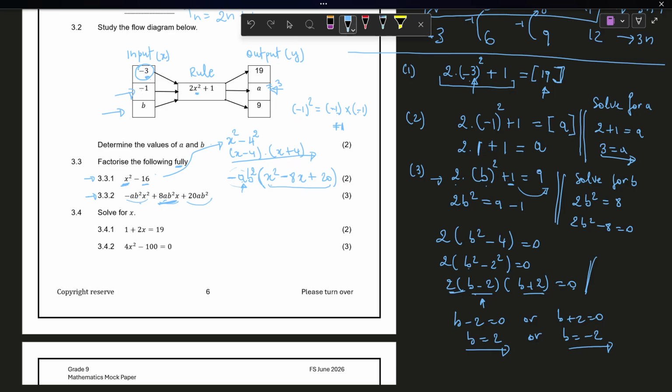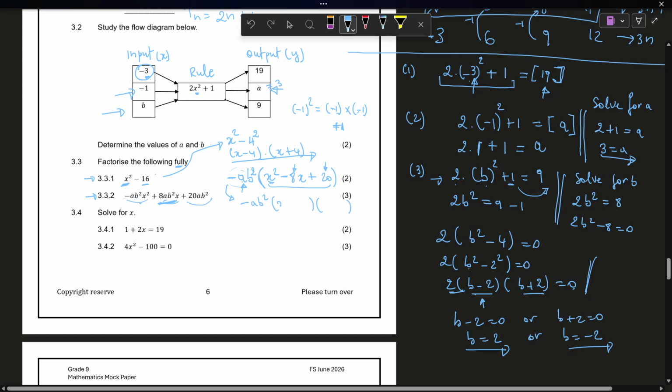Because when you've got a trinomial, you need to see if the middle term can be broken into an addition of two terms such that when those terms are multiplied, it gives you the last term. In other words, what can you add? So the next line will become minus ab squared, and we'll have two factors like this.